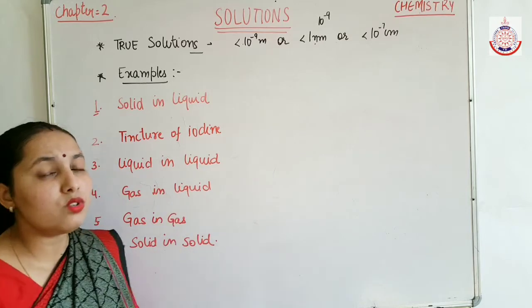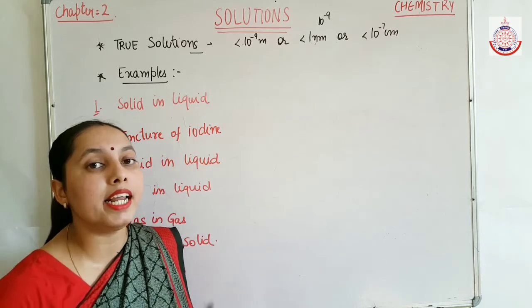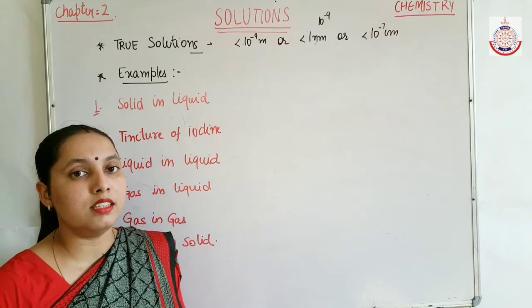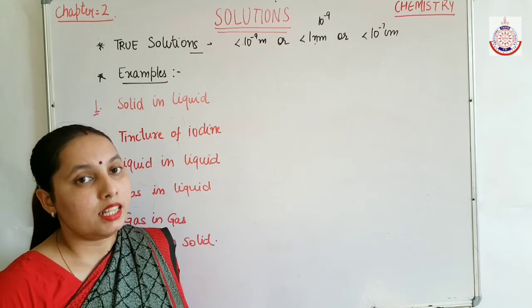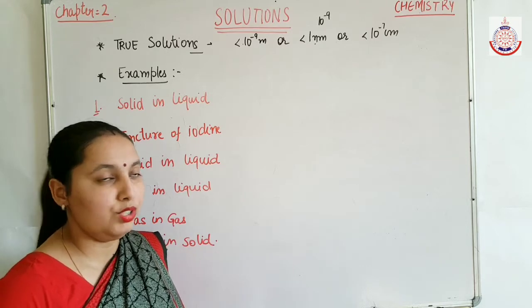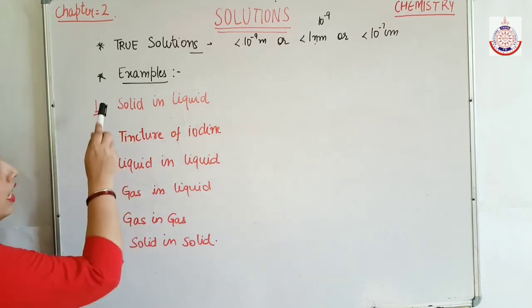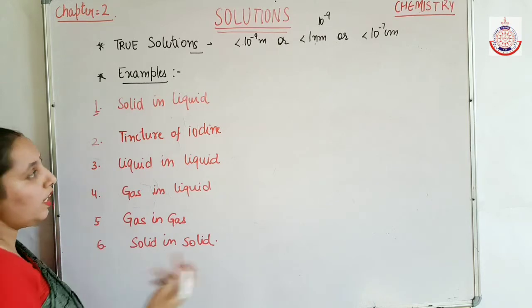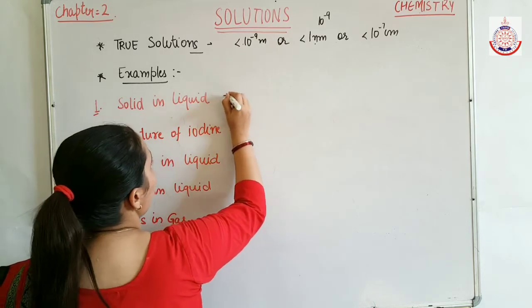In our day-to-day life, we are dealing with so many types of solution. Here we'll discuss some common examples of solutions. Firstly, let's discuss the solid and liquid solution. There are so many examples.